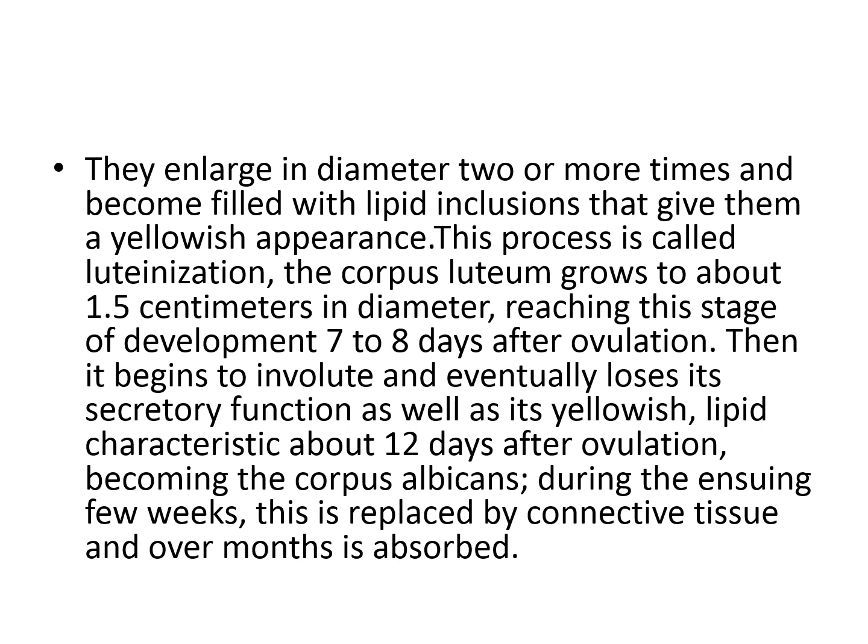The corpus luteum grows to about 1.5 centimeters in diameter, reaching this stage of development 7 to 8 days after ovulation. Then it begins to involute and eventually loses its secretory function as well as its yellowish lipid characteristic about 12 days after ovulation, becoming the corpus albicans. During the ensuing few weeks, this is replaced by connective tissue, and over months it is absorbed.